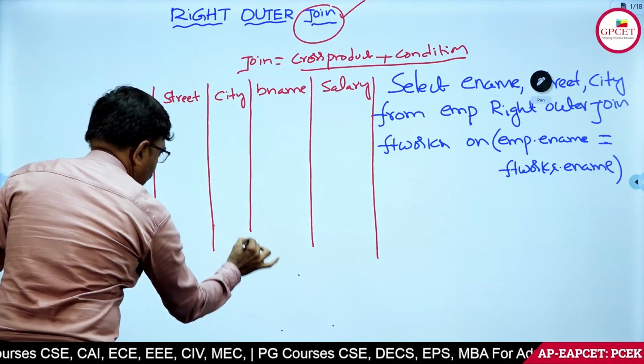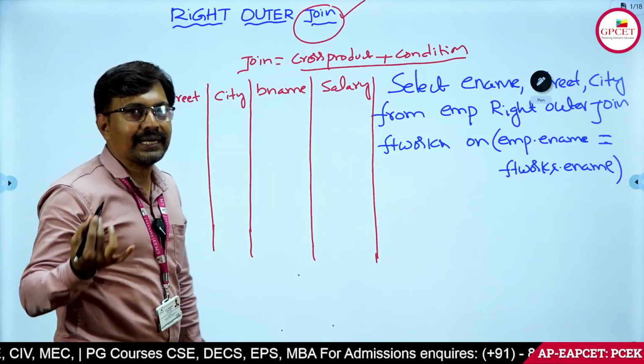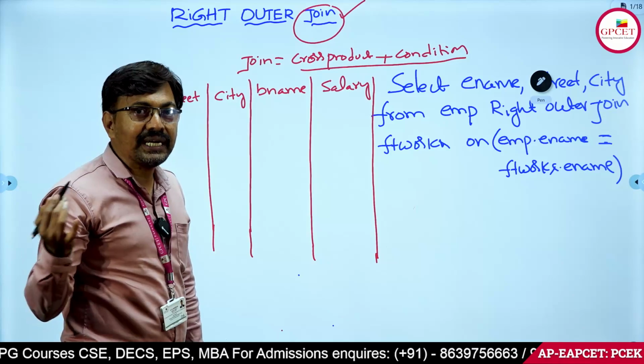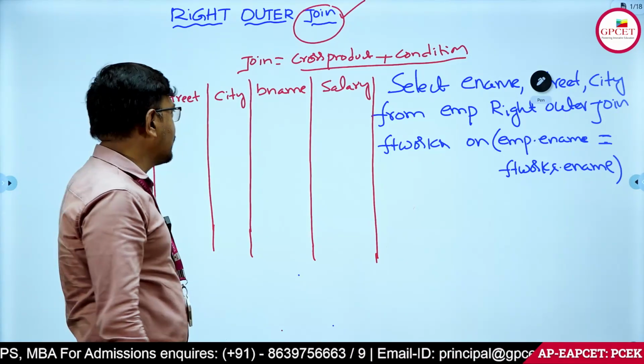That is the right outer join. What is the right outer join definition? Take all tuples in the right relation that did not match any tuple in the left relation, that is the right outer join.